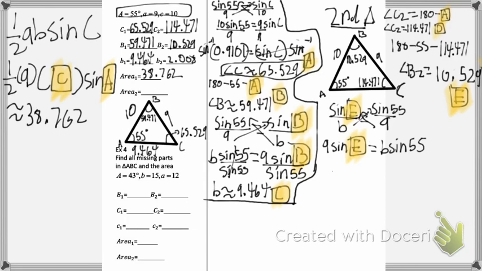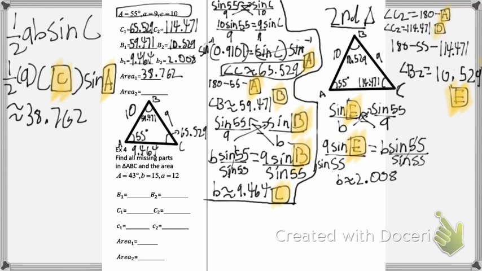And then I divided sine 55 from both sides. And I got B approximately equals 2.008.